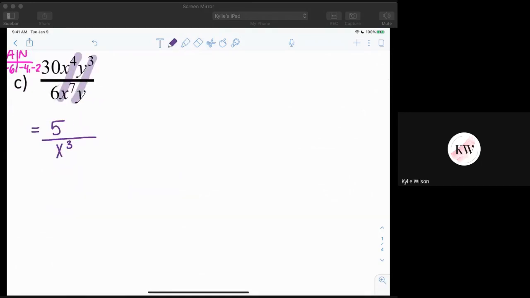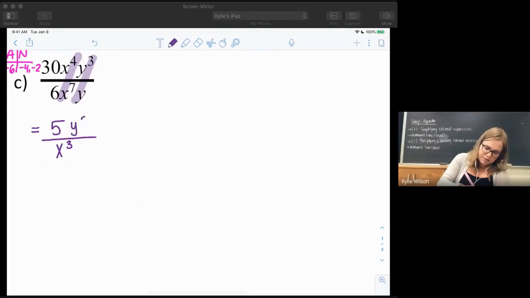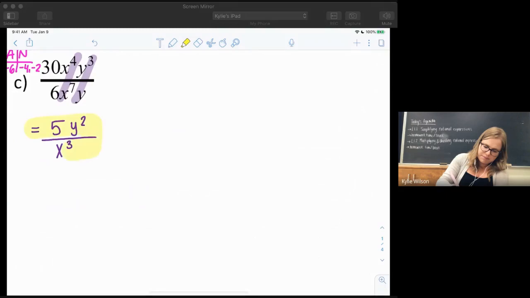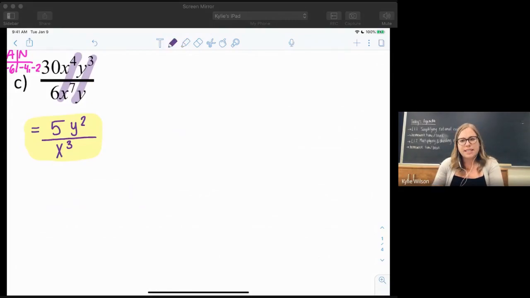So when those cancel, I'm left with 2 y's in the numerator. And these are just like what we were doing before, so hopefully that isn't too new. But the same principle is really happening when we're dealing with these polynomials. Any questions so far, or are we okay?